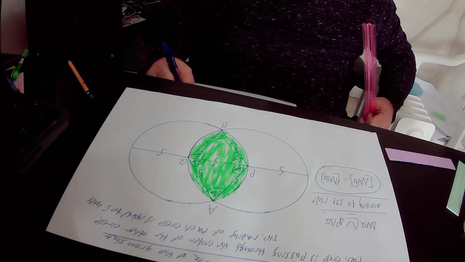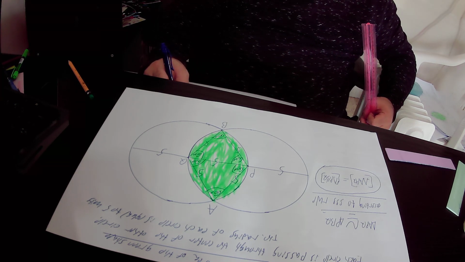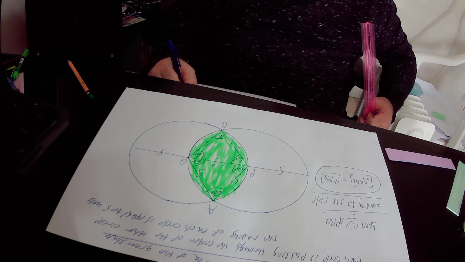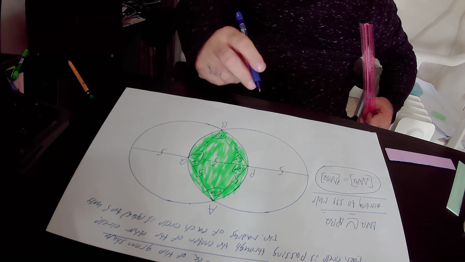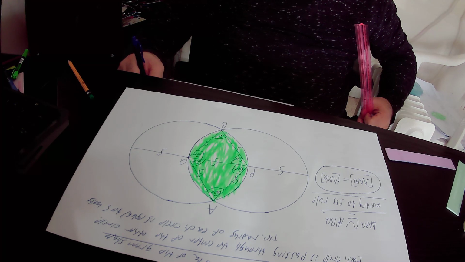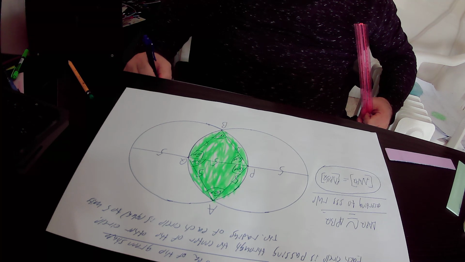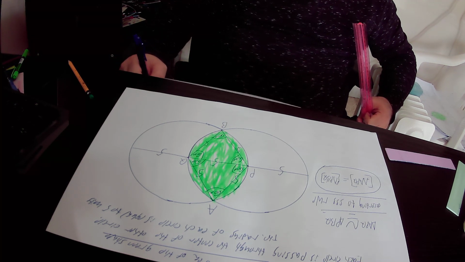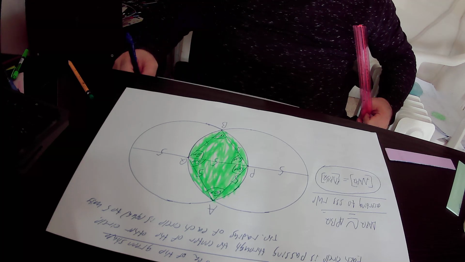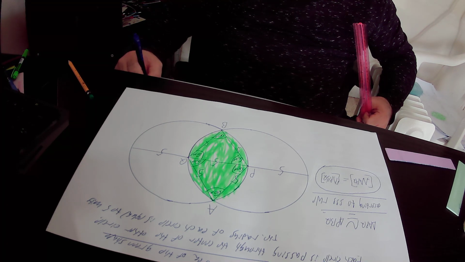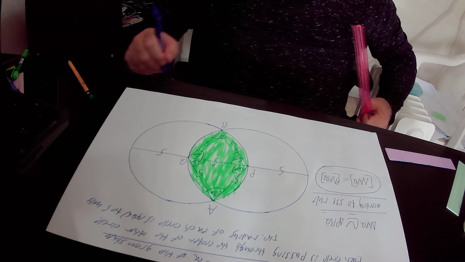So it is plus the area of segment AP, plus the area of segment PB, plus the area of segment BQ, plus the area of segment AQ.